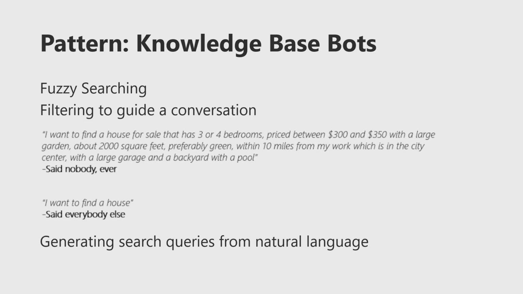And also, there is support in fuzzy search. Fuzzy search means that sometimes the user types information that is not exactly as written in our database. Like in our database, we have house, but maybe the user says home or uses some synonym or even some typos. Maybe he wrote house without U. I don't know. So the bot can also detect this.